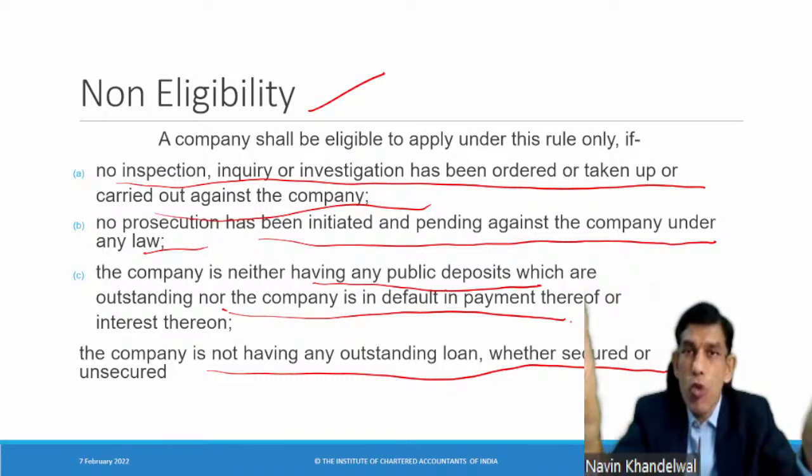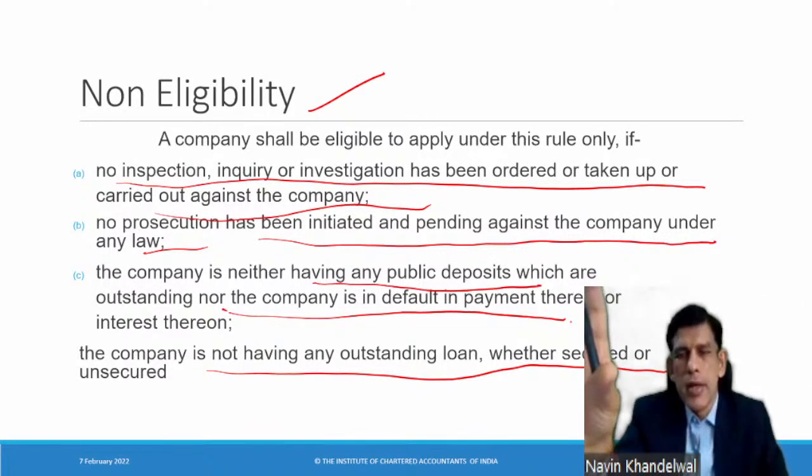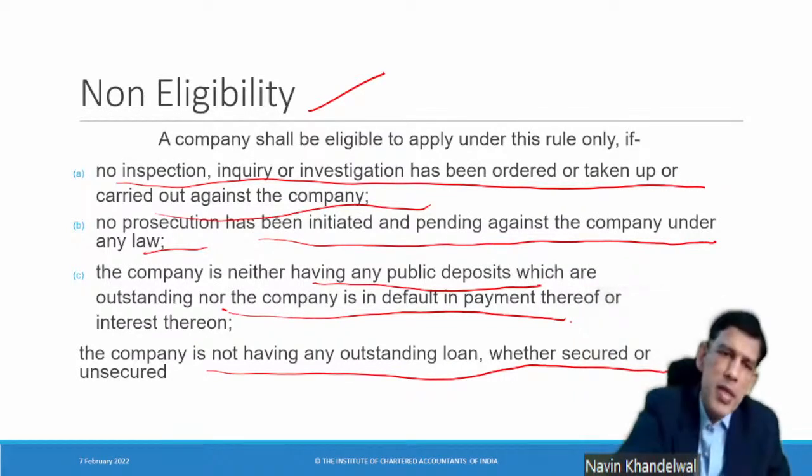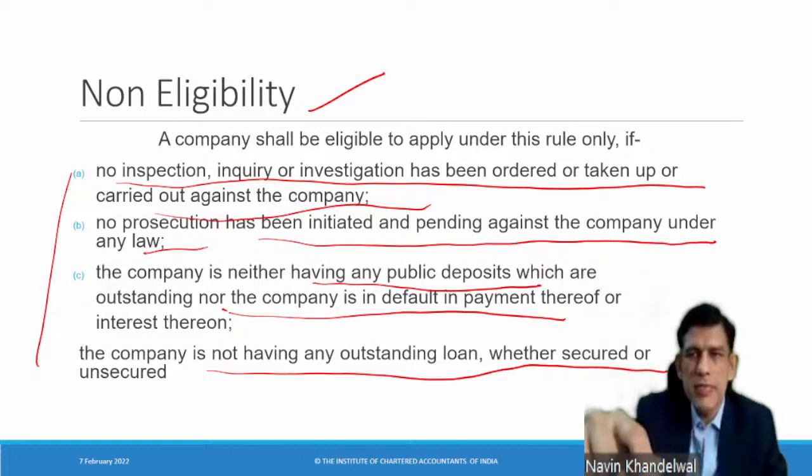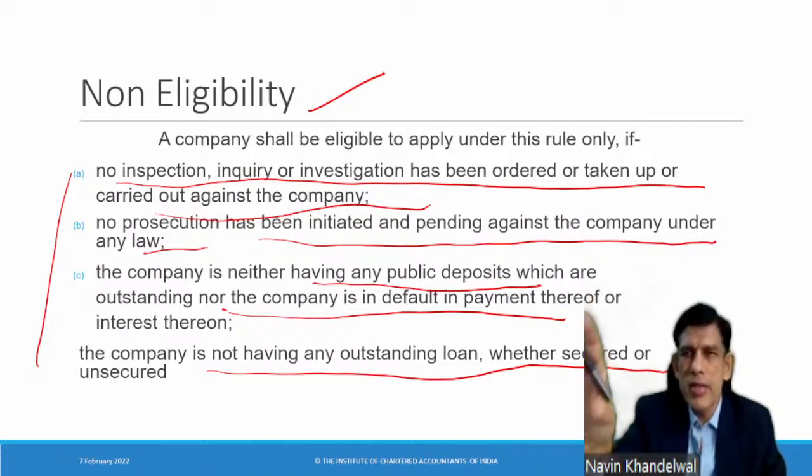So this is a 4-mark exam question. When you are not eligible to apply for the status of a dormant company, so all these situations, and very simple situation, I think.